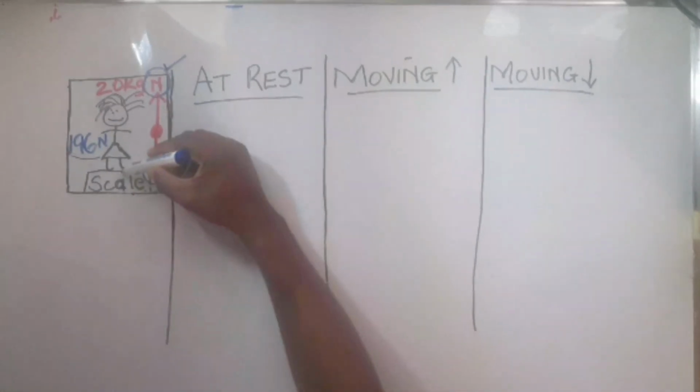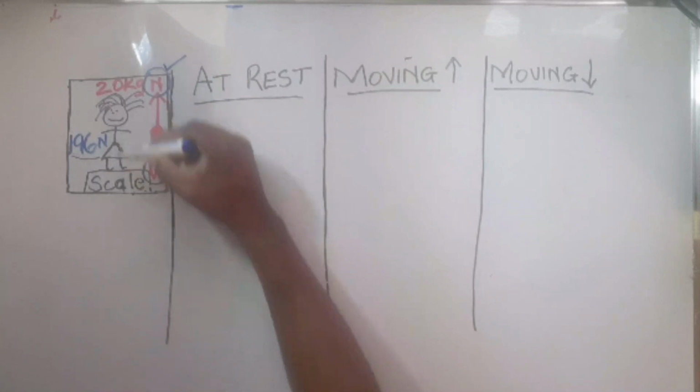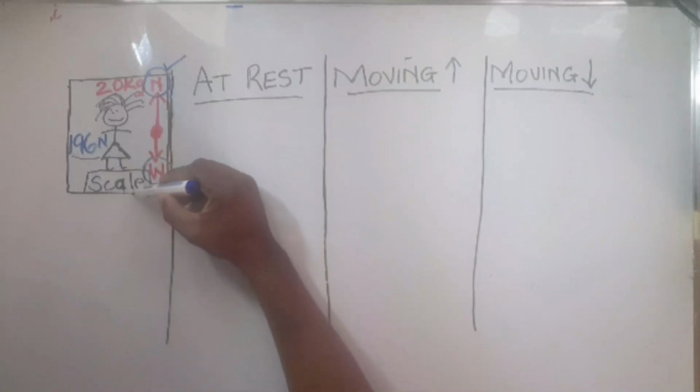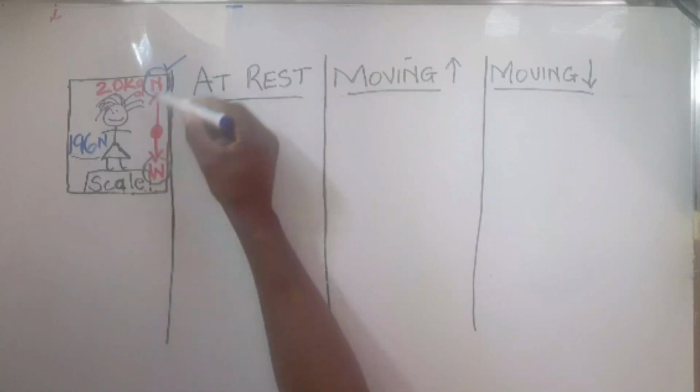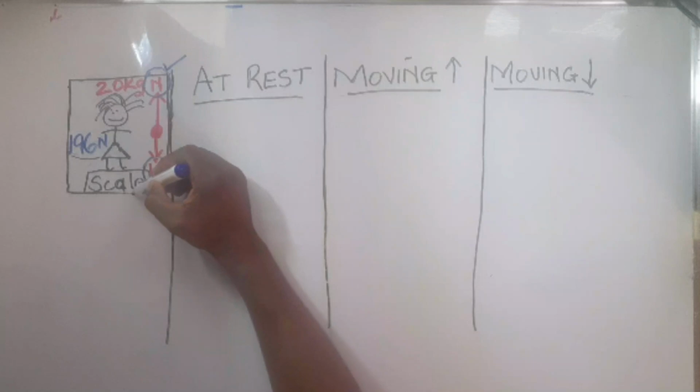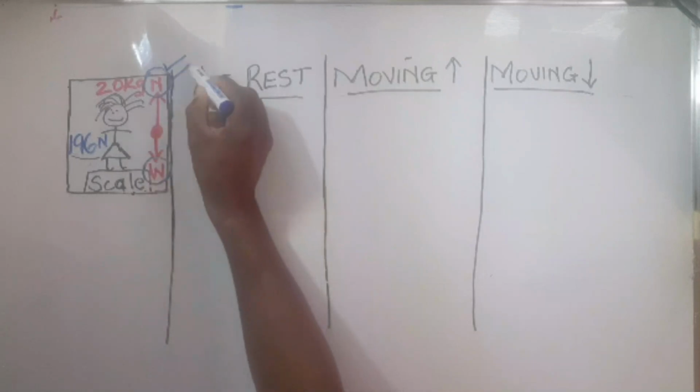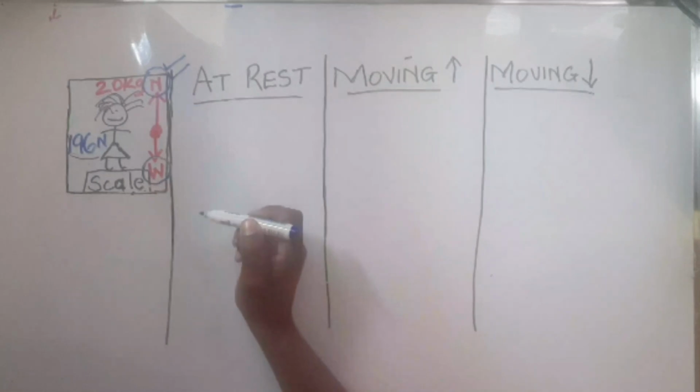If the girl is above the scale, it will not read any value. The girl must always be in contact with the scale, then the scale will give a reading. So that means the scale is reading the value of the normal force.